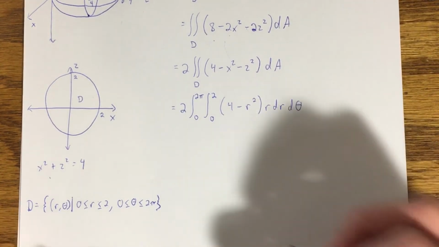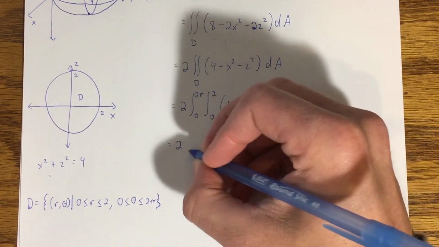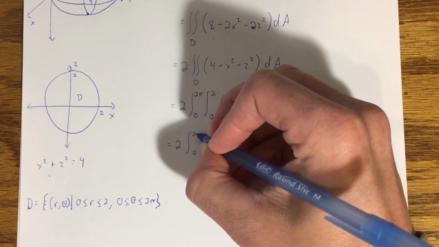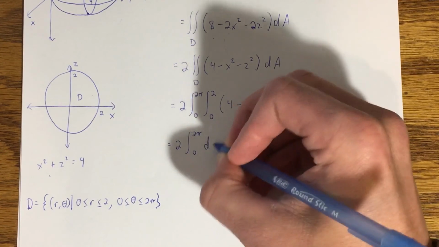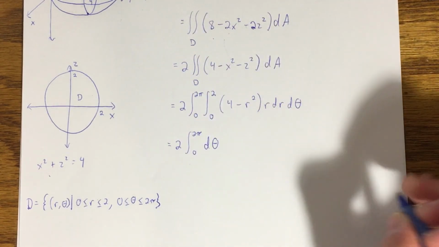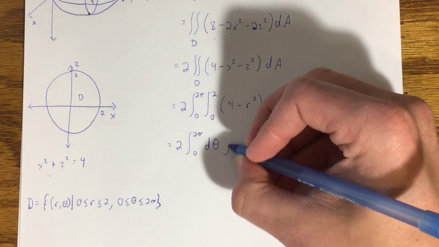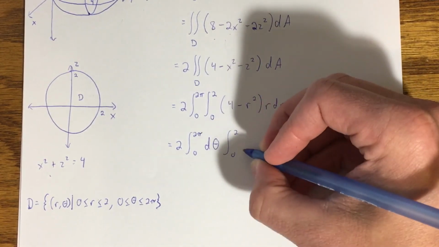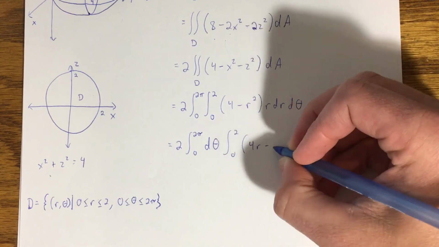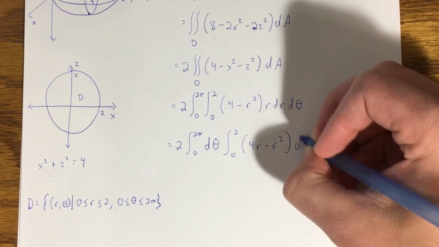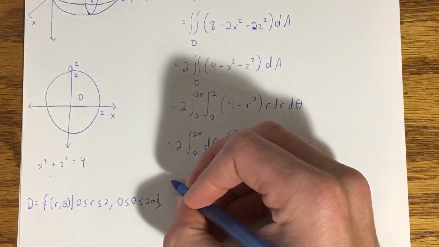Okay? Split this up into two integrals. 2 times the integral from 0 to 2 pi d theta. And then multiplying that r in there, this is going to be the integral from 0 to 2 of 4r minus r cubed dr. Pretty straightforward from here.